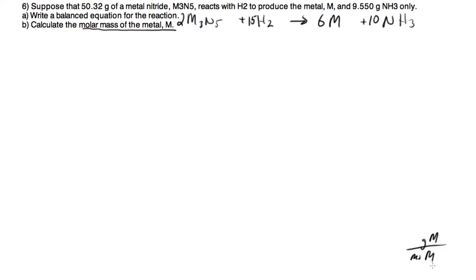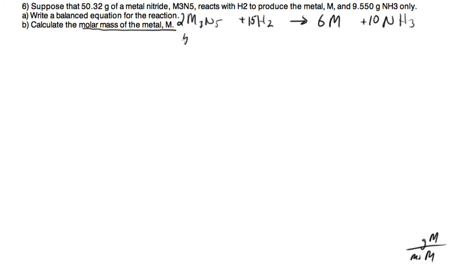We're going to figure these two things out separately: grams of M and moles of M. Now, we do know about nitrogen, and there's also hydrogen. We can actually use grams of N. If we knew how many grams of N there are here or here, because they're the same, we could then subtract from the total mass, which we have.